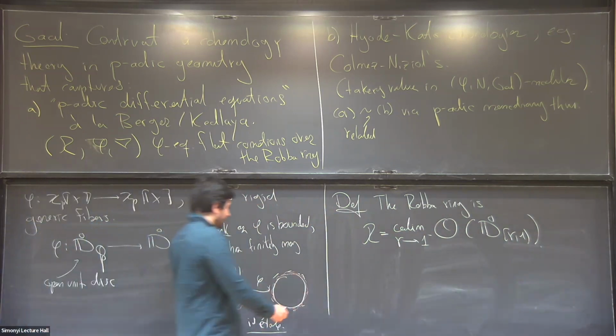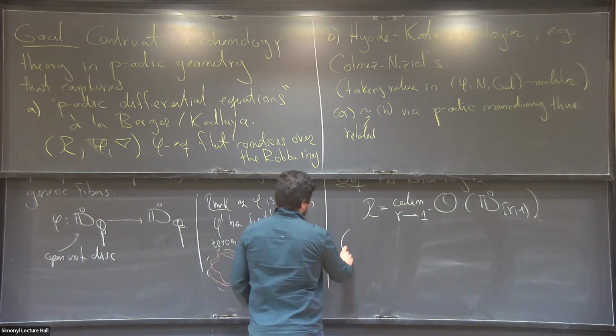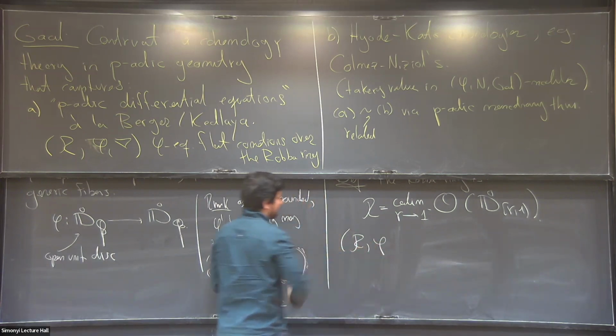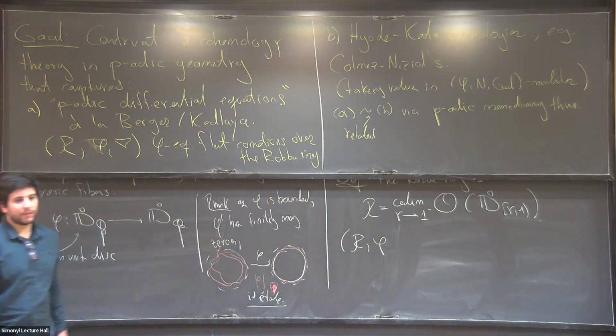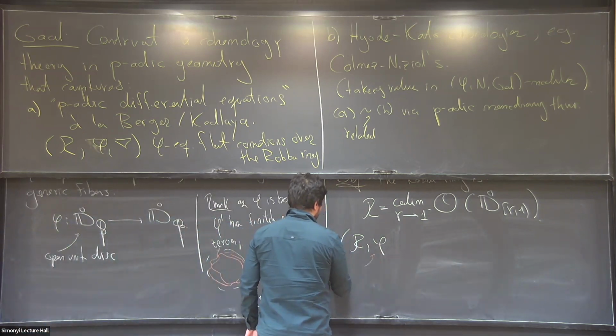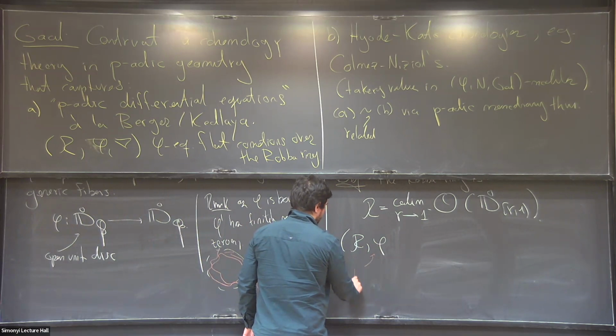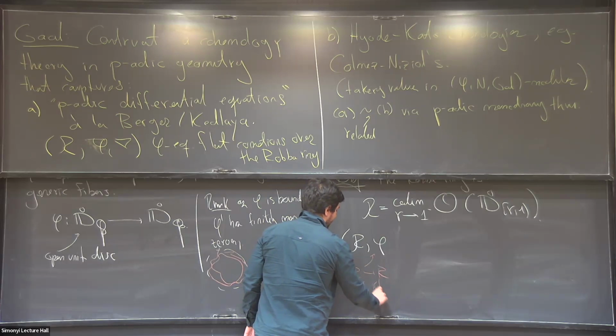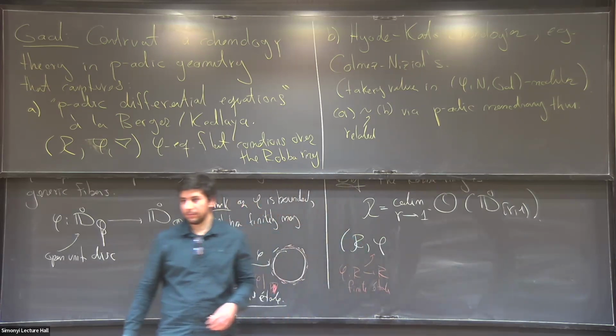So this ring R is endowed with a Frobenius for which it is a finite étale map. So it's a reasonable map.